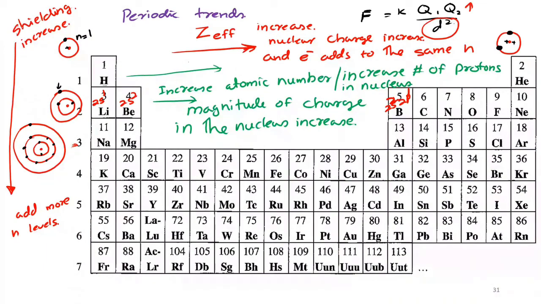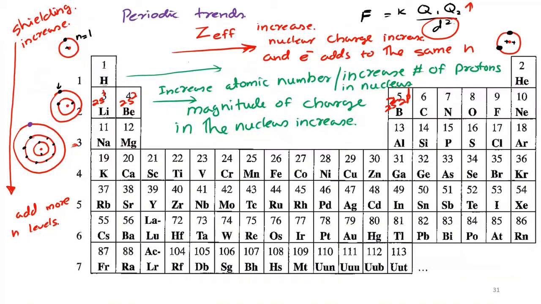Considering the trend going from top to bottom, I mentioned that shielding increases going from top to bottom. If the shielding increases, what do you think should happen to the Zeff? If the shielding increases, the outermost electron feels less nuclear charge.